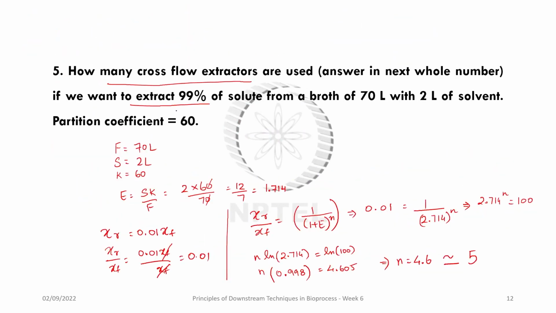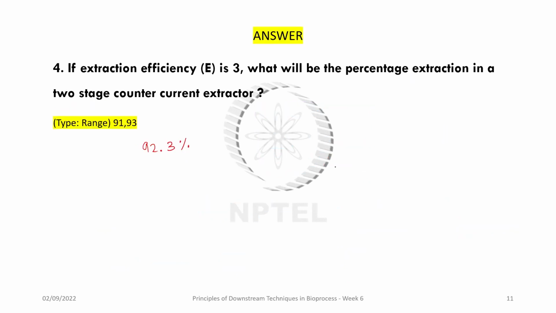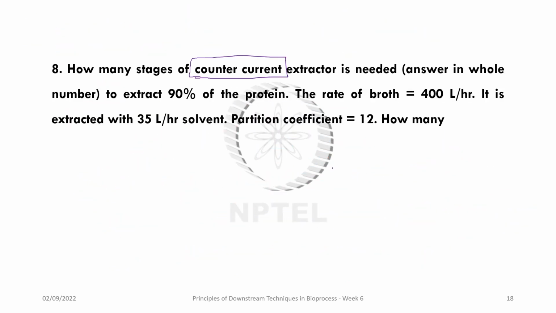So what was the formula that we used? This one is what you're supposed to look into. Let me write that down again for you. XR by XF is equal to E minus 1 divided by E power n plus 1 minus 1.